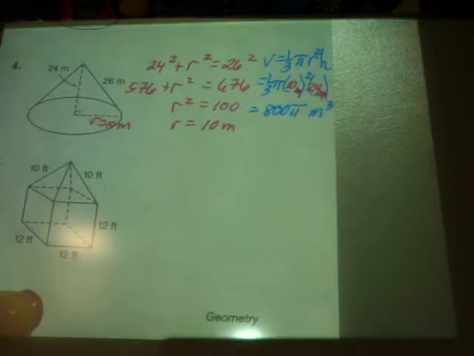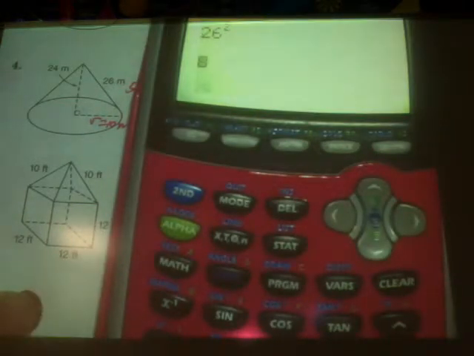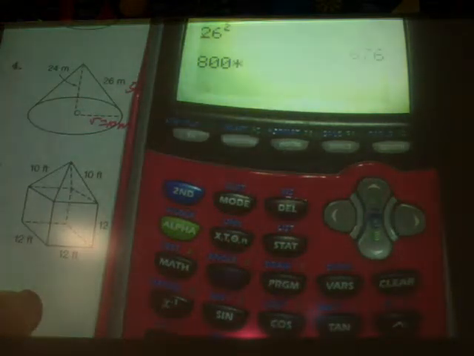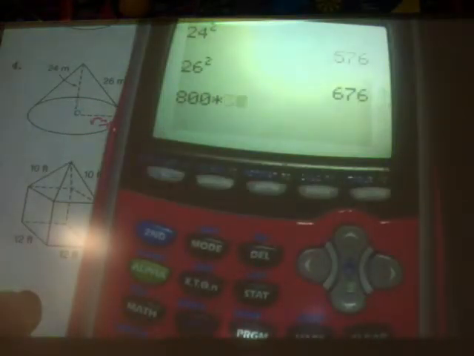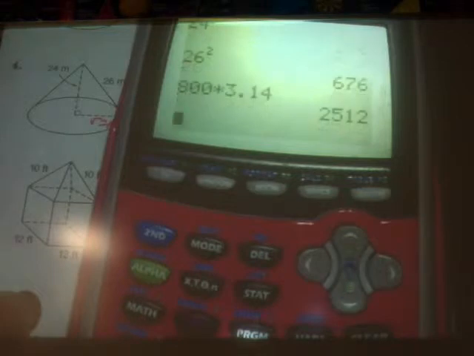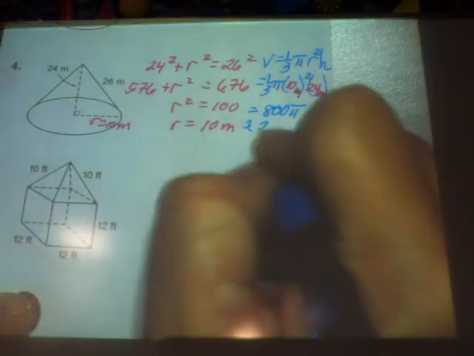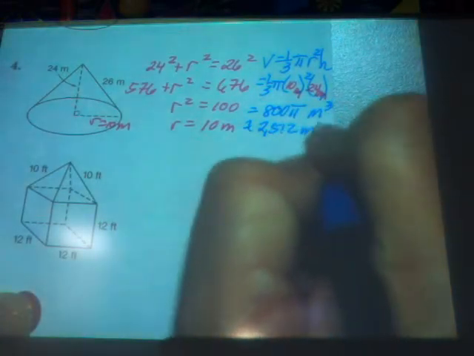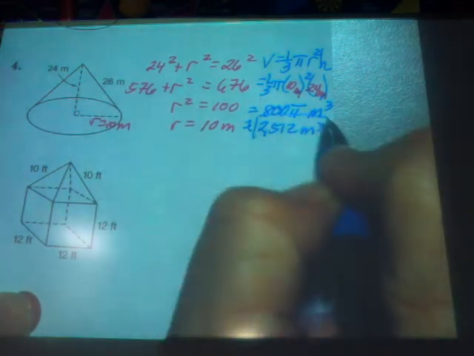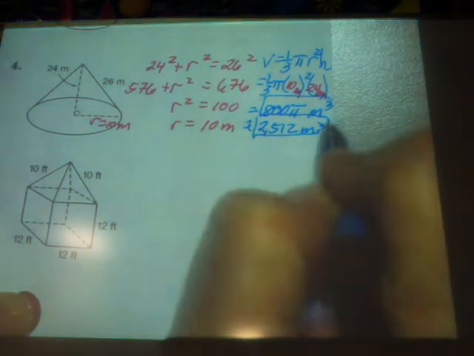Then if I want to see what its approximation is, I'm going to take 800 and multiply it by 3.14. Again, your book might use the pi button. They kind of go back and forth. We're just going to remain consistent and do 3.14. So we actually get 2,512 meters cubed for our volume. So there's our two possibilities for our answers.